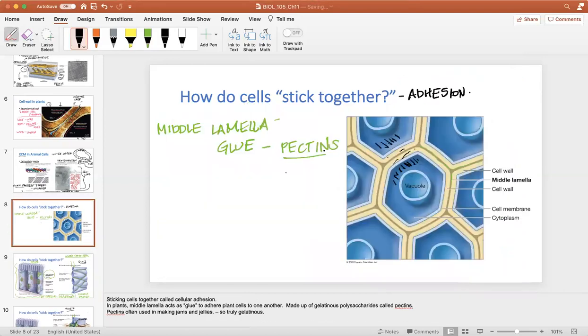And especially in plants, you've got some external cell walls here that these have secreted around themselves. So now we have this question of how can adjacent cells talk to one another?